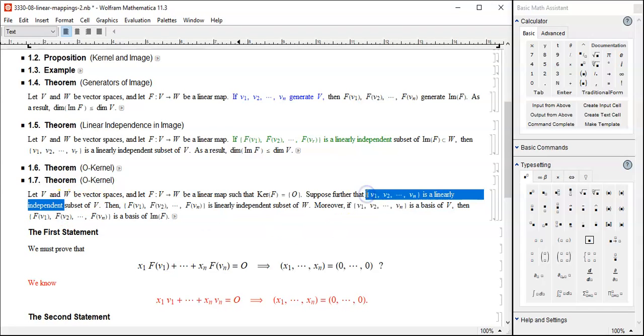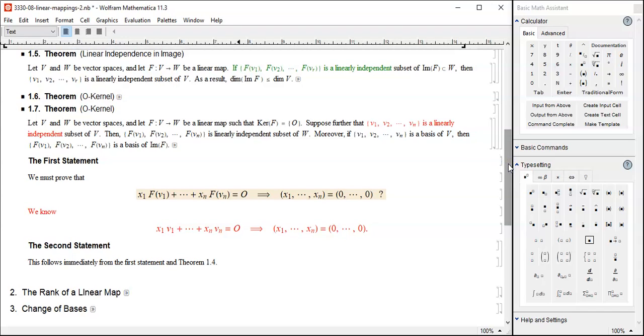V1 through vn is linearly independent. So if x1 v1 plus all the way up to xn vn add up to the zero vector, then all coefficients are zero. That we know. We have to use this to prove that. Ready?